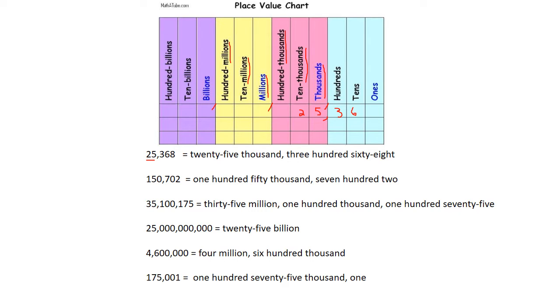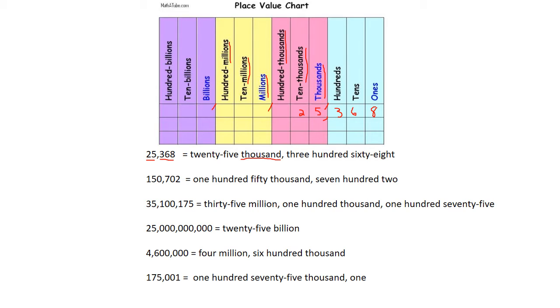That comma really helps me pick up on where the endings go. Since the 25 is in the thousands period, we read this as 25 and then stick on the ending of 1,000. And then we carry out the reading 368. So it's important to pick up on those endings.